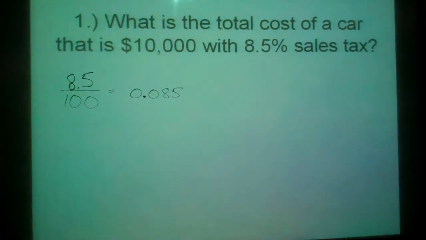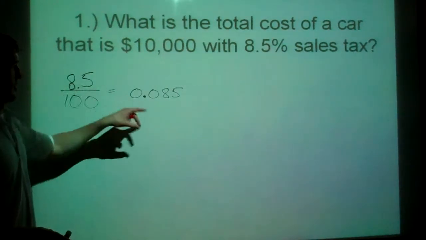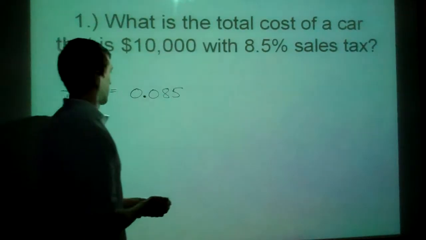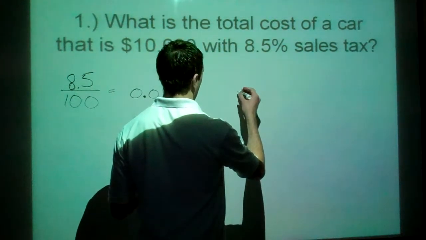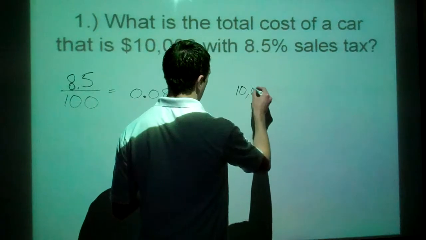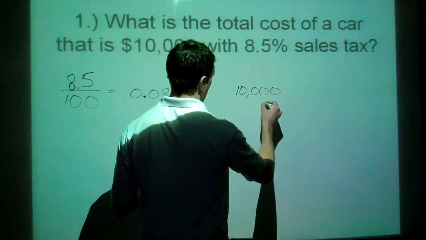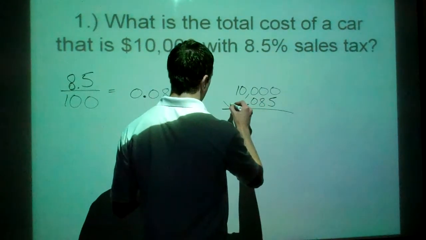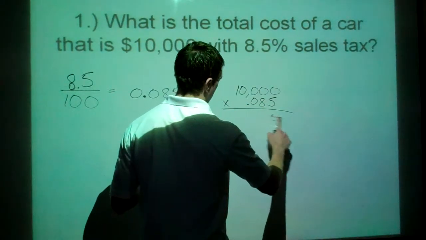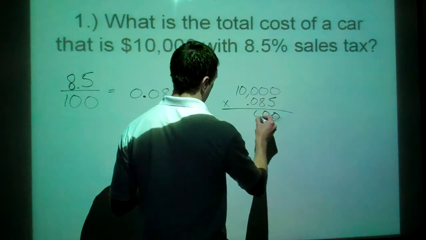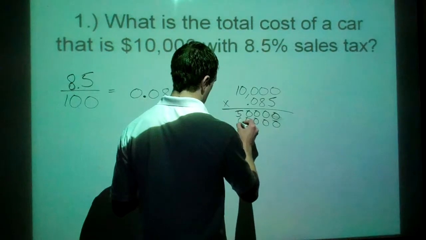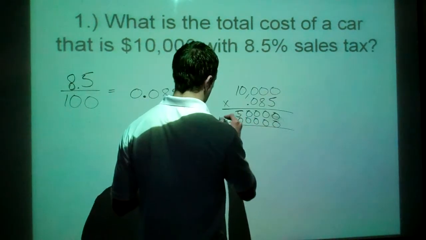And a misconception is that here we would divide. But actually what we want to do is take the decimal form and multiply it times our 10,000. And if we do that, we will get 0.085 times 10,000.